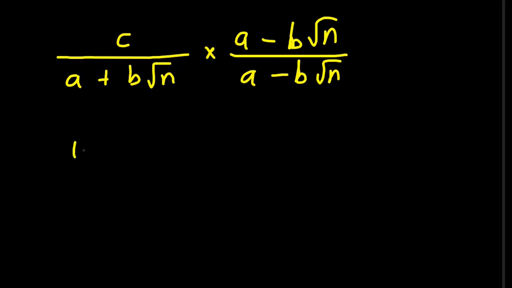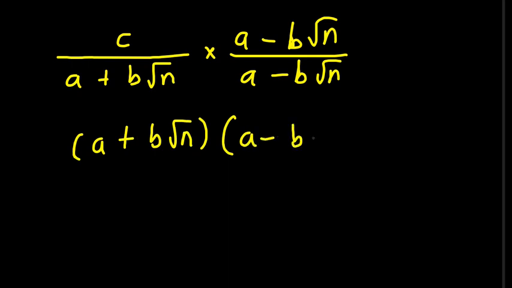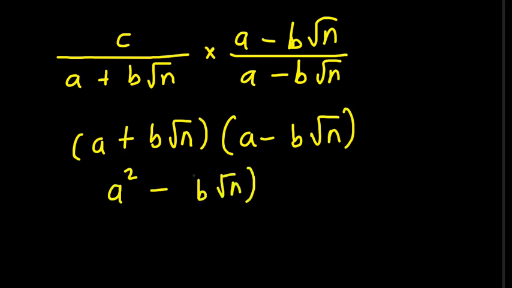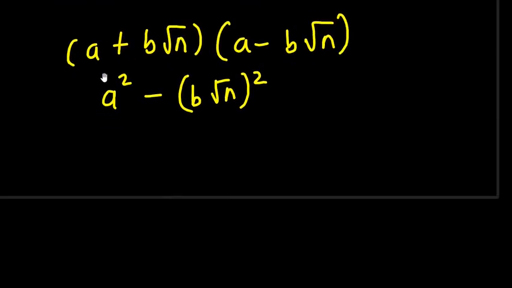So a plus b root n multiplied by a minus b root n is the same as a squared minus b root n squared. This is the difference of two squares. We can also expand it, and we will get the same result. So let's expand it.